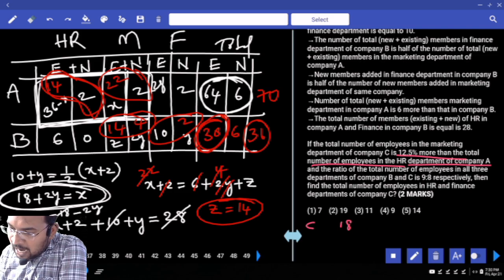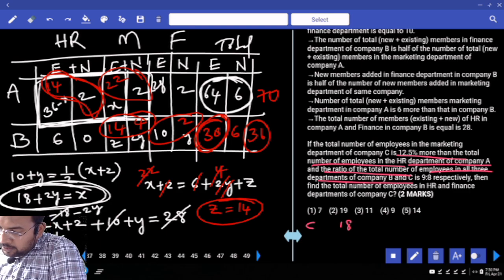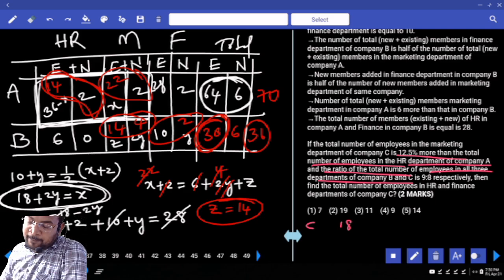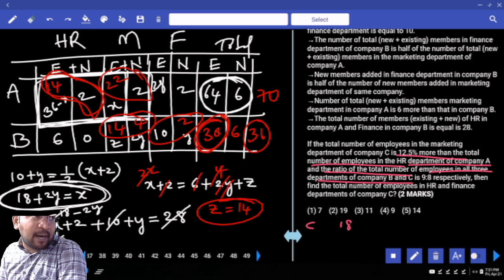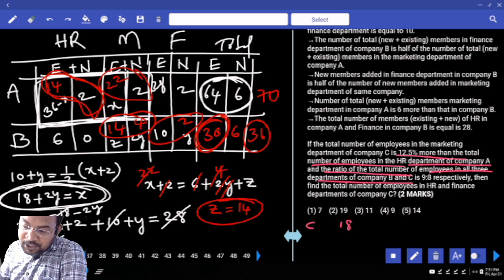Next, the ratio of the total number of employees in all the three departments of company B and C is 9 is to 8. If you observe carefully here, B total is 36. 9 parts is 36, then 8 parts is 32. That 32 is the total.